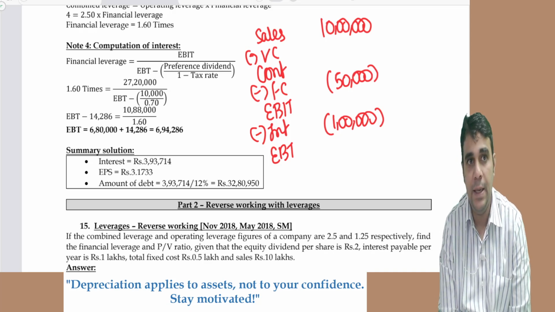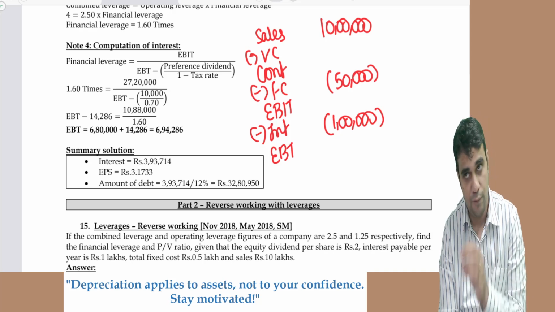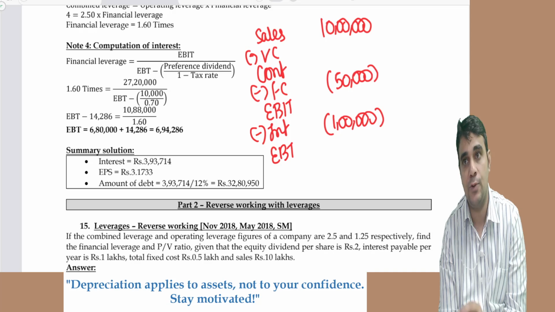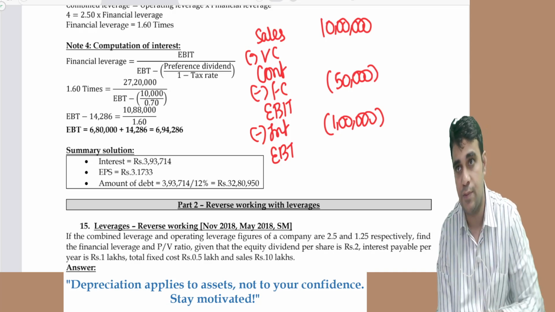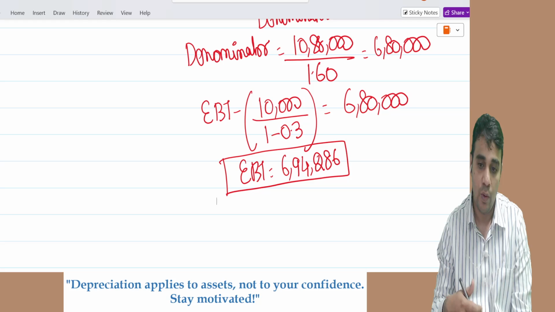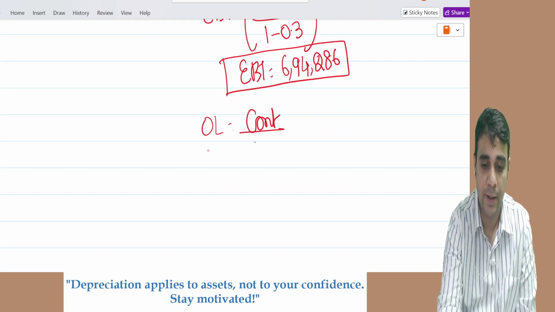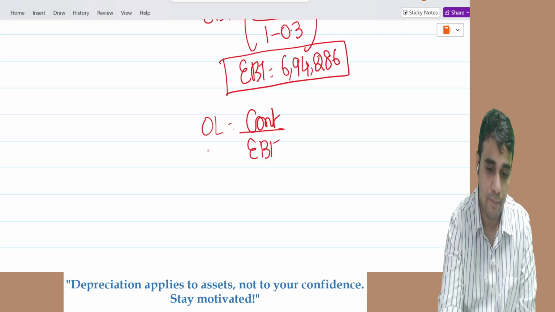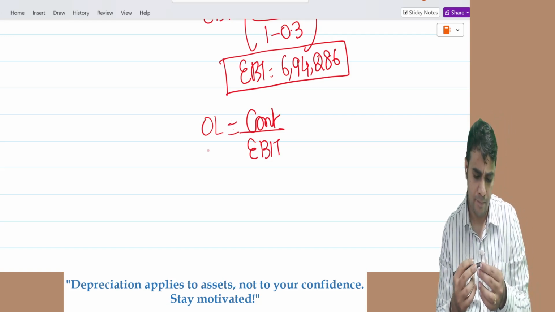Contribution by EBIT. The rule is very simple. If you have contribution, use the formula. If you have EBIT, use the formula, or if you have an item in between, also use the formula. I have the item in between, which is the fixed cost. OL is equal to contribution by EBIT.